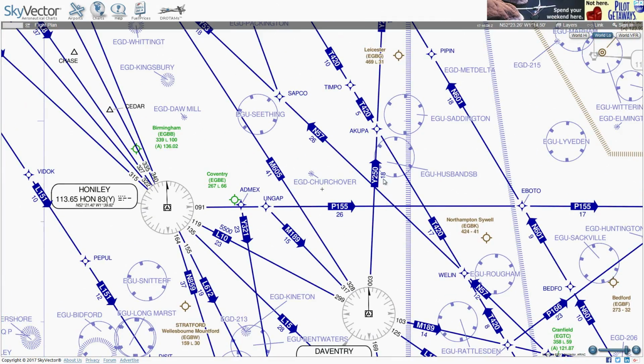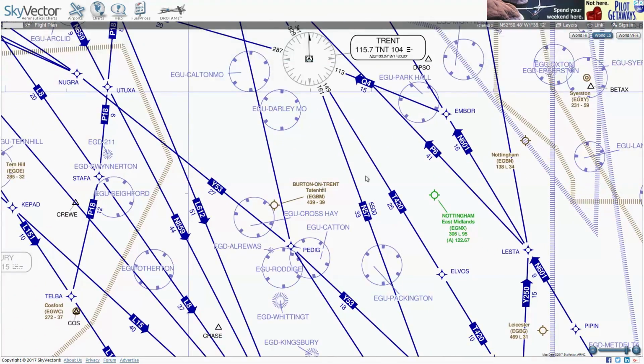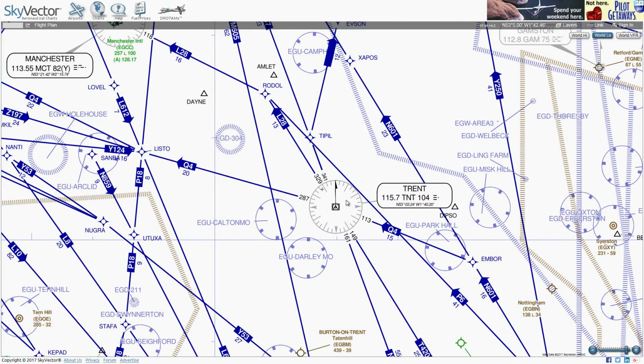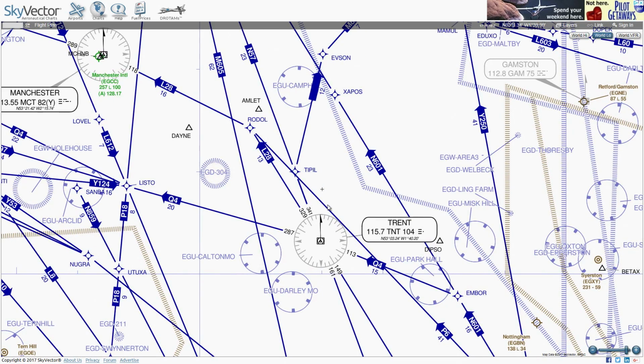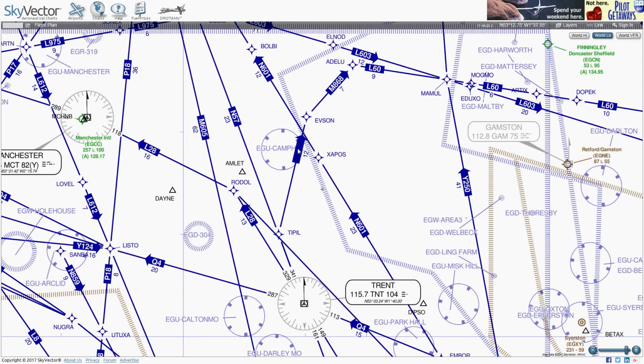Those are intersections. So that is where two VORs, or a VOR and an ADF, or an NDB, will intersect, and that's how aircraft change direction. Interestingly enough, that one seems to have lost its name.